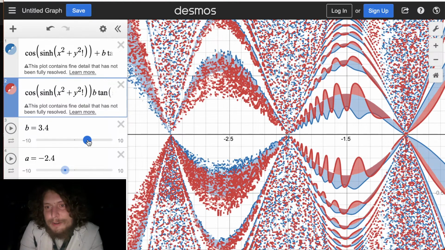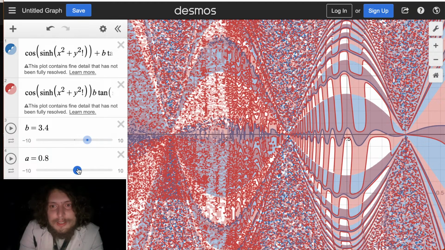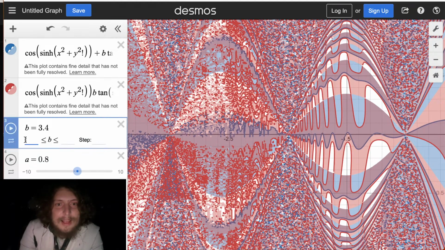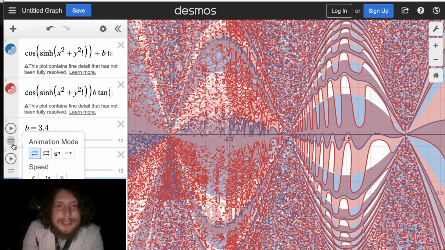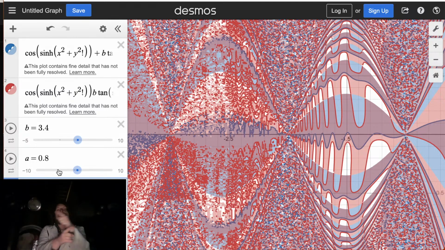Now when we have 2 variables going, one of the crazy things to do is if we set them at different amounts, like that one from -10 to 10 and this one just from 0 to 10, or let's say it's -5 to 10, and then we put them on animation, then they're going to have a nearly infinite pattern.